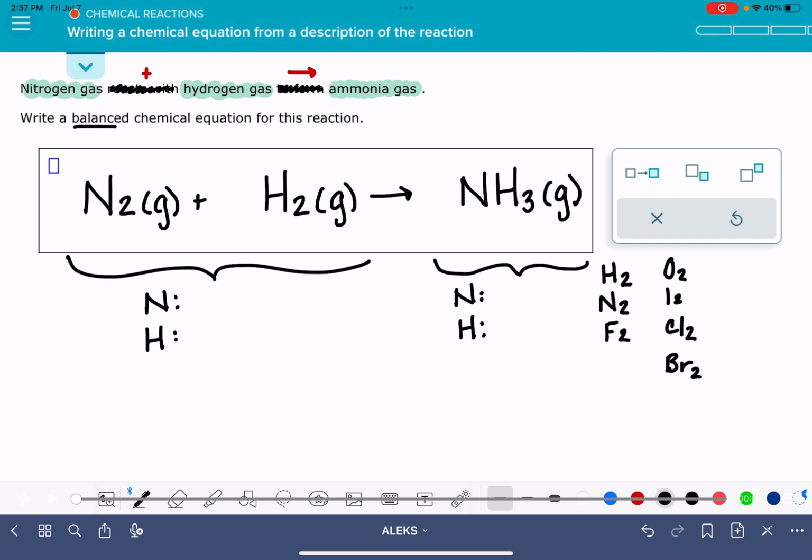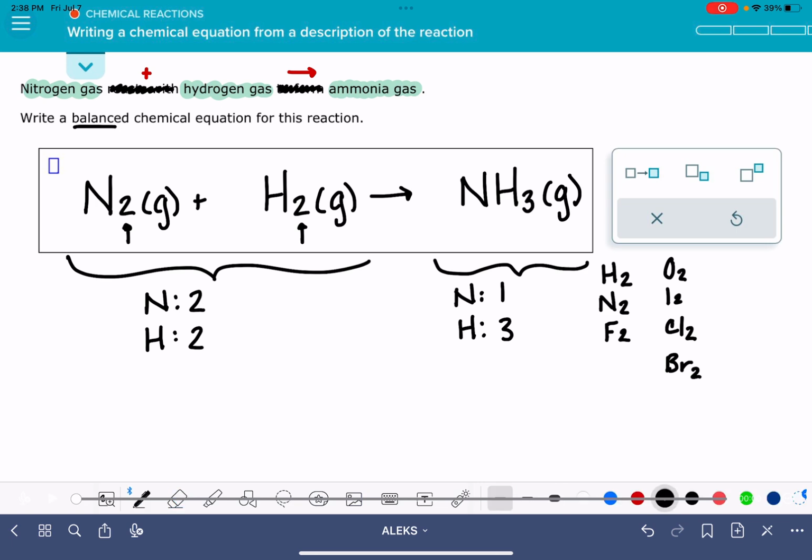I have nitrogen and hydrogen here. I'm starting initially with 2 nitrogen atoms and 2 hydrogen atoms on the left side. And on the right side, I'm starting with 1 nitrogen and 3 hydrogen. And as you probably know, this equation is balanced when I have the same number of atoms on each side of the equation. So currently right now, I have 2 nitrogen atoms on the left, but only 1 nitrogen atom on the right.